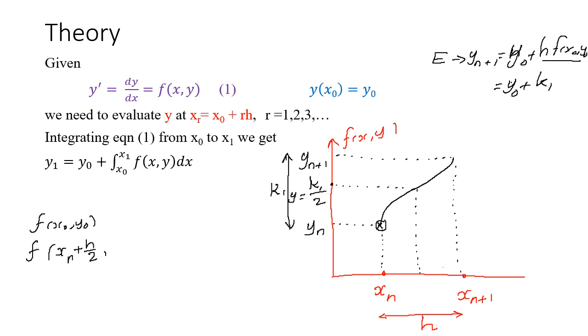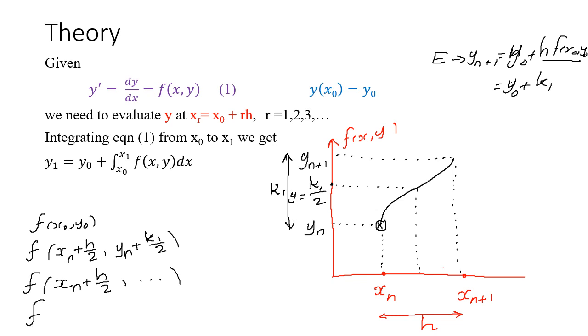So we can evaluate the function almost midway as f of xn plus h by 2 and yn plus k1 by 2. With this we'll have a better approximation for the midpoint. We'll evaluate the function again at the midpoint using some other technique. We'll explain in the next slide.